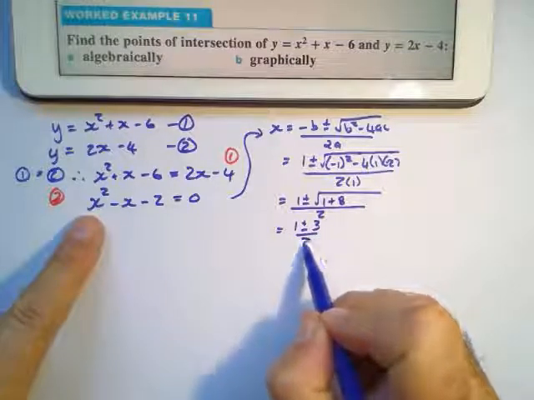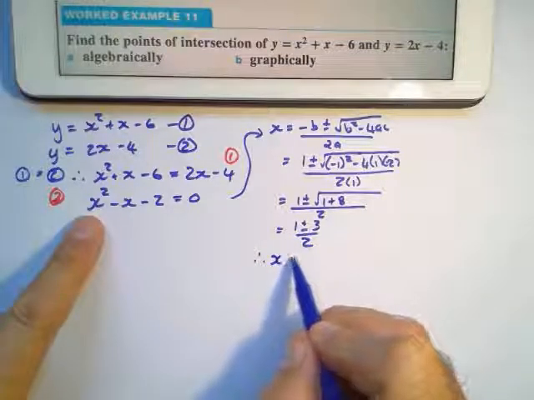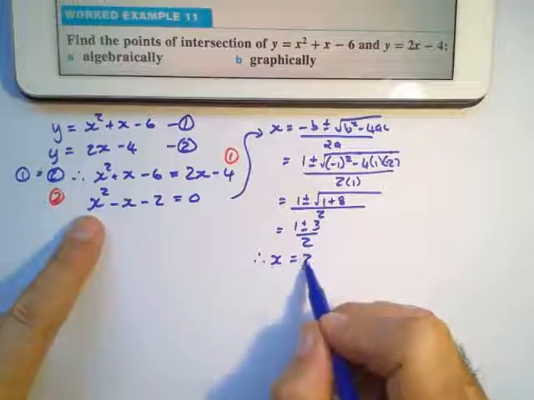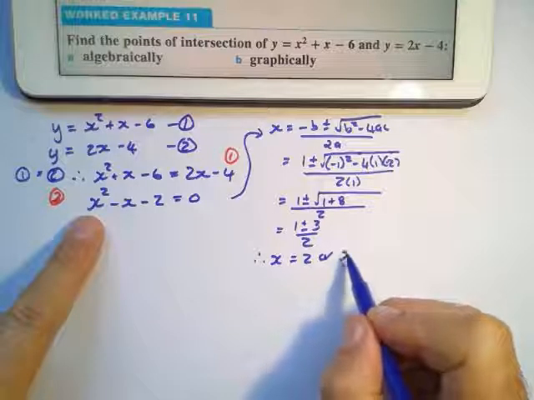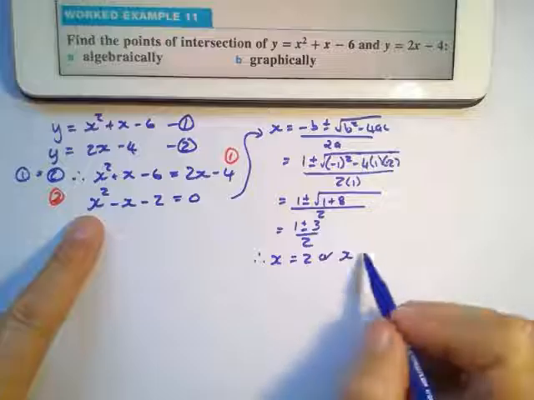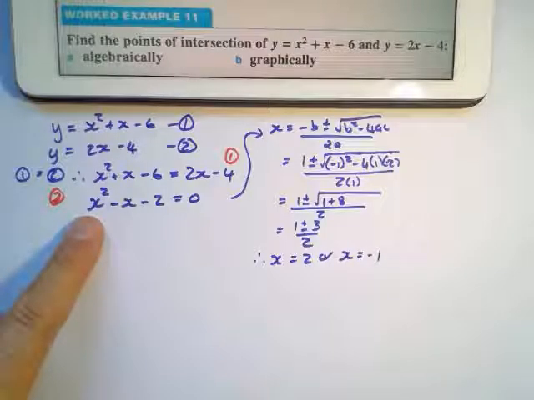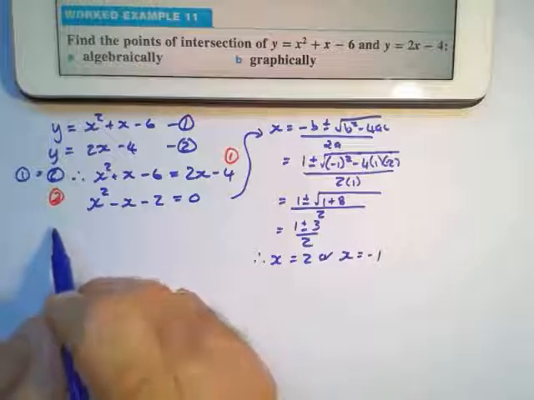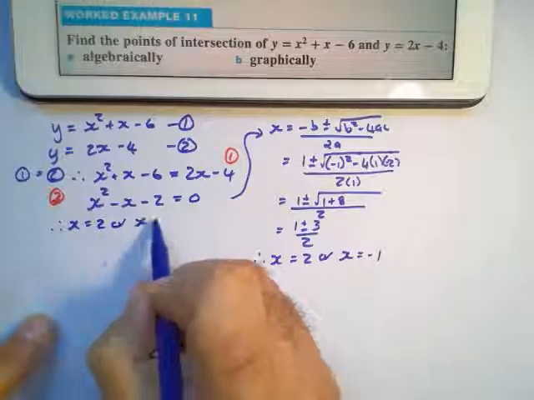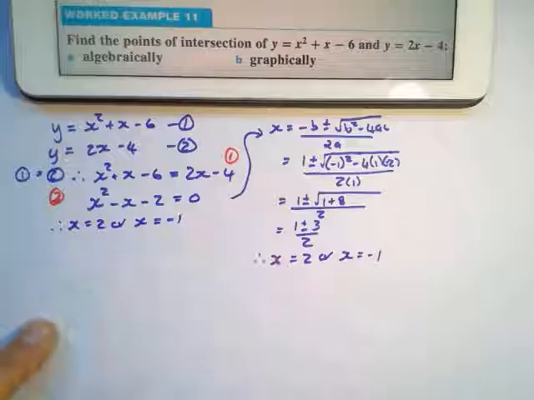Therefore, x equals 1 plus 3 is 4, divided by 2, which is 2. Or x equals 1 take away 3 is negative 2, divided by 2, so x equals negative 1. Okay, so therefore x equals 2 or x equals negative 1.